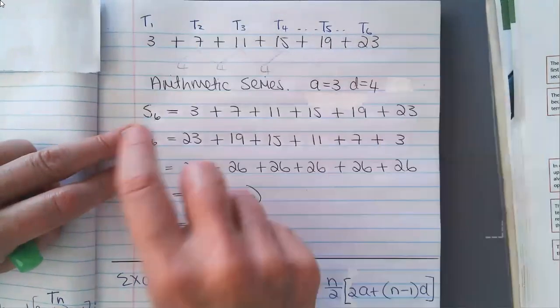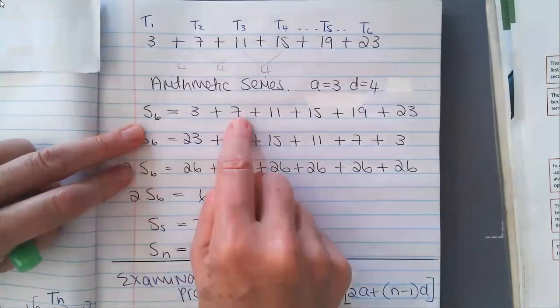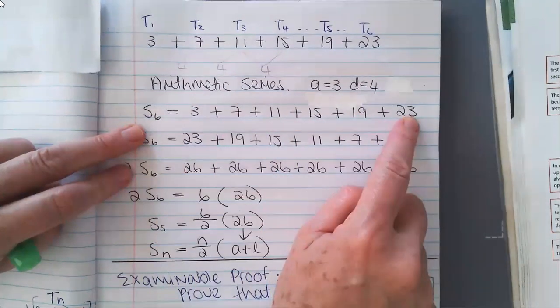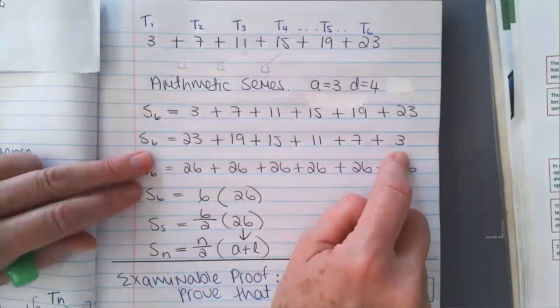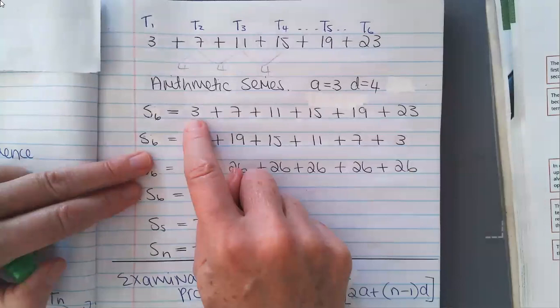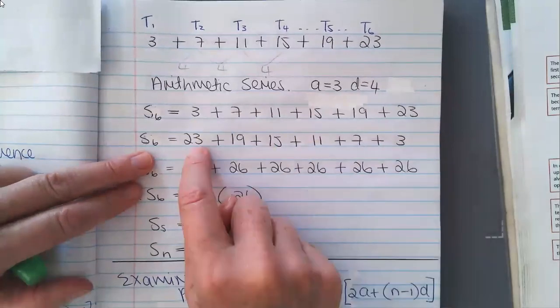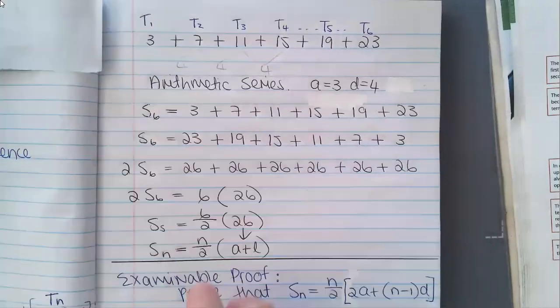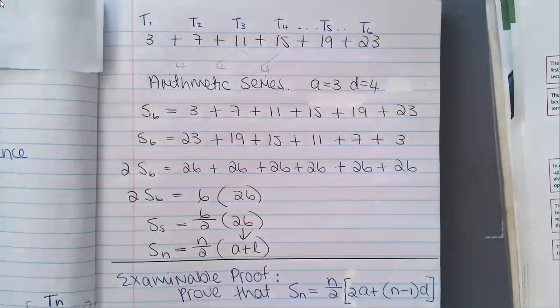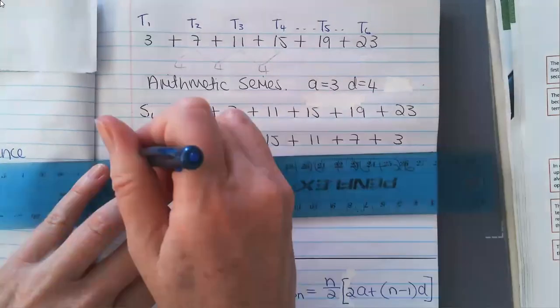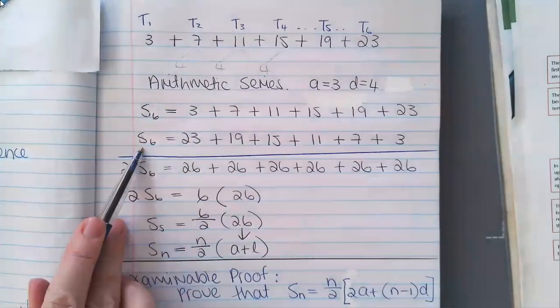Let's write down the sum of 6 terms: 3 plus 7 plus 11 plus 15 plus 19 plus 23. And now we write it again, but we start at the end. So we say 23 plus 19 plus 15 plus 11 plus 7 plus 3. And when we add these two sums, then we get 2 times S6.